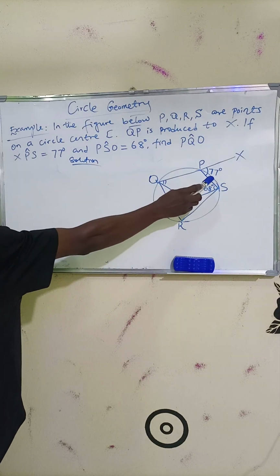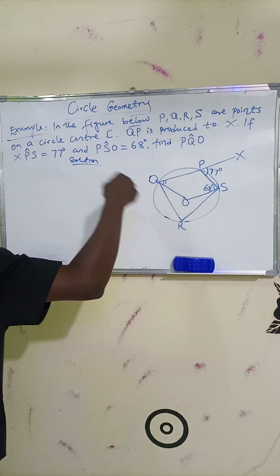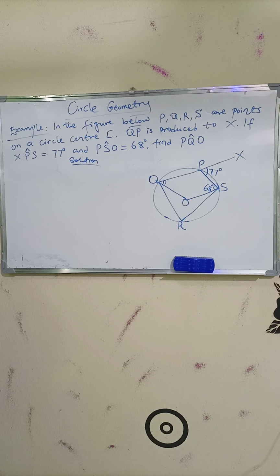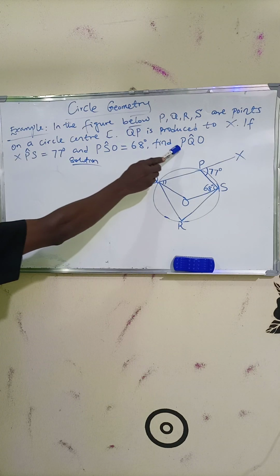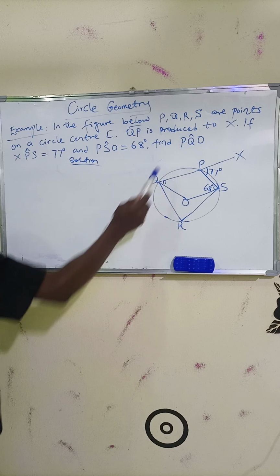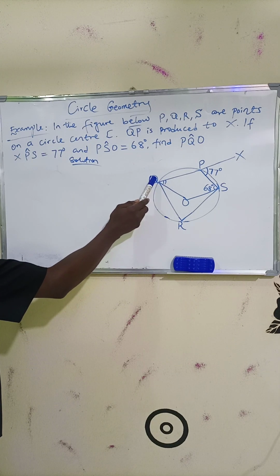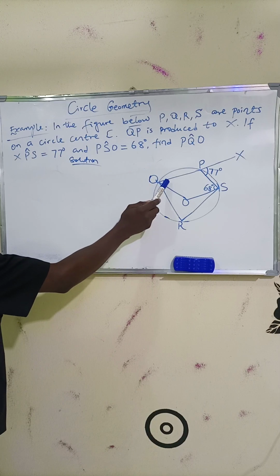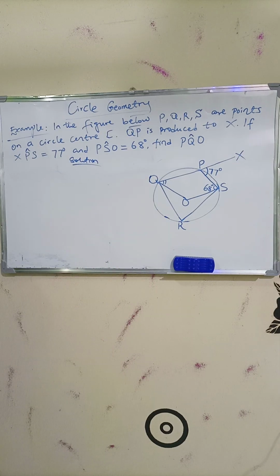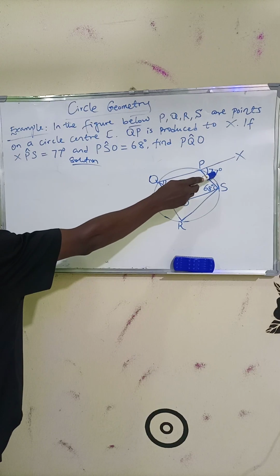And this 77 degrees, which is angle P, is formed outside of the quadrilateral as an exterior angle. We have been asked to find PQO, that is the angle Q. This is the angle they are asking us to find, PQO, which is this angle formed here. How do we get it? Before we go there, don't forget that this is an exterior angle.